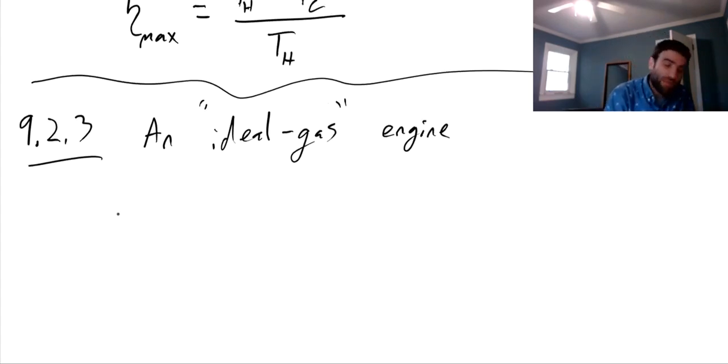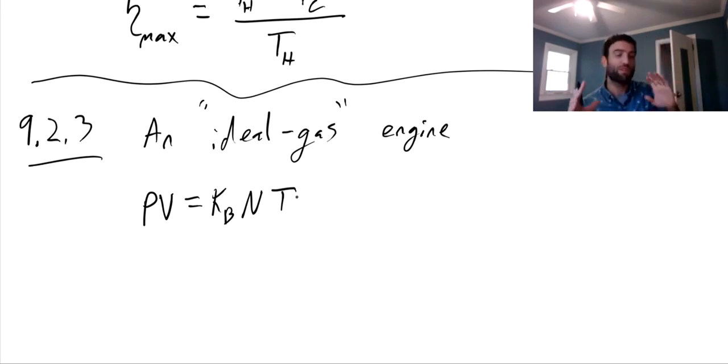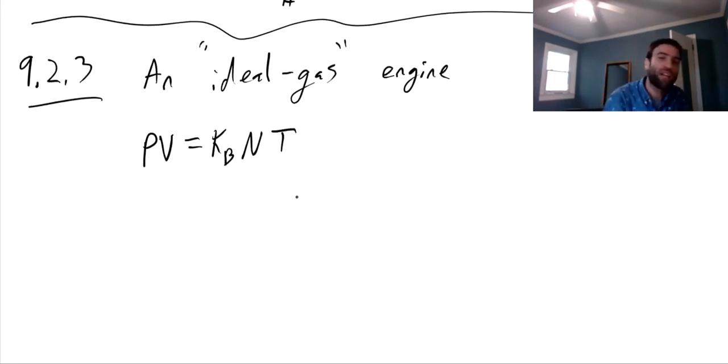Since I'm using the substance that the engine is running on as an ideal gas inside of a piston, let me remind you that the ideal gas law, I'm going to write as the pressure times the volume is equal to Boltzmann's constant times the number of particles in the gas times the temperature. Okay, so I'm going to put some of this ideal gas inside a piston, and we're going to think about how we can manipulate an ideal gas by running it through a cycle.